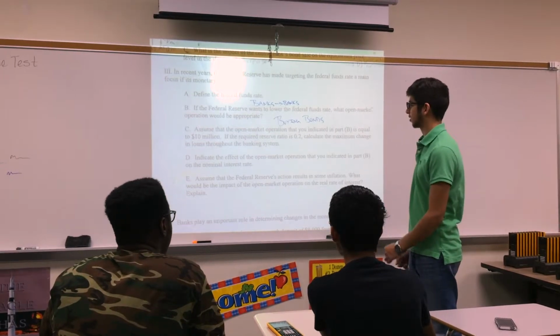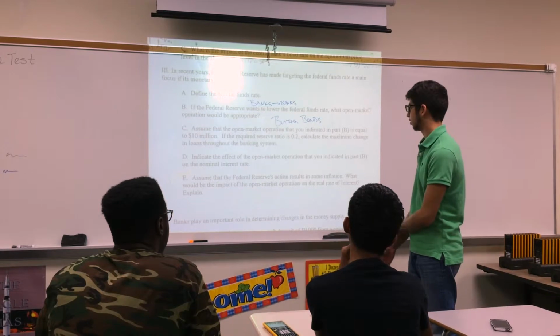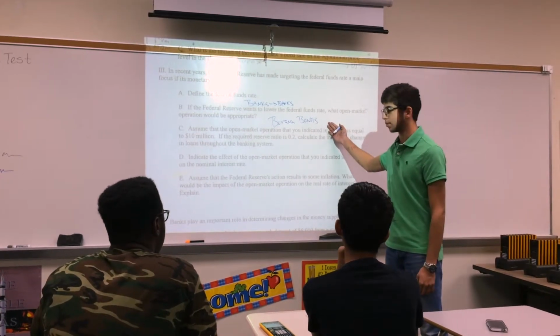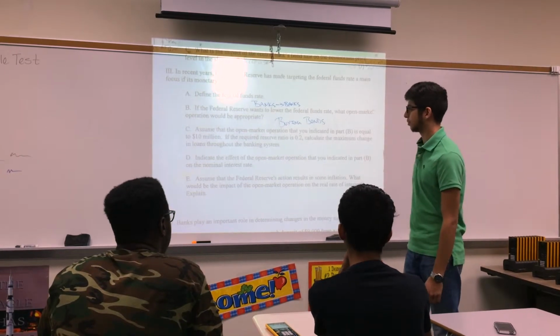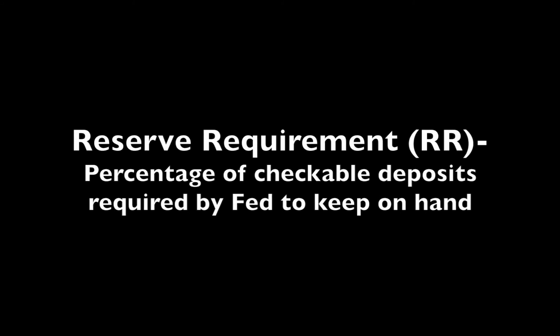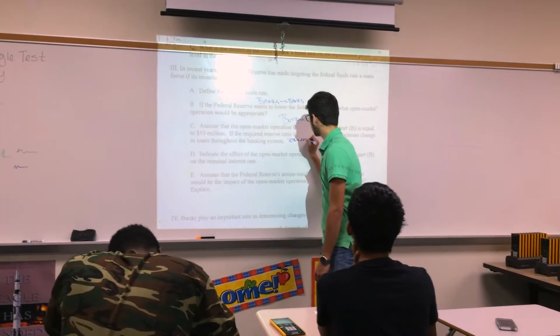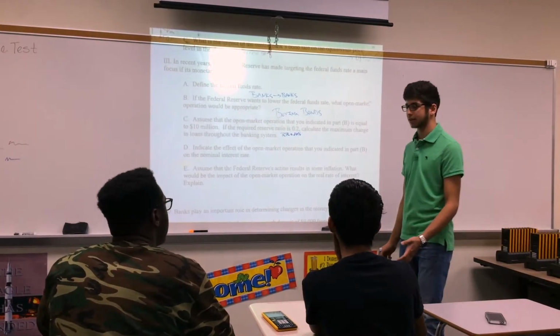Okay, so now we're at part C. Part C is asking you to take the open market operation that you indicated in part B, which was buying bonds. The Federal Reserve is going to buy $10 million worth of bonds, and it tells you that your RR is 0.2. So note that down. Your RR is 20%. You need to calculate the maximum change in loans throughout the banking system.